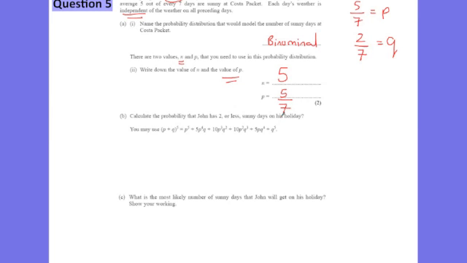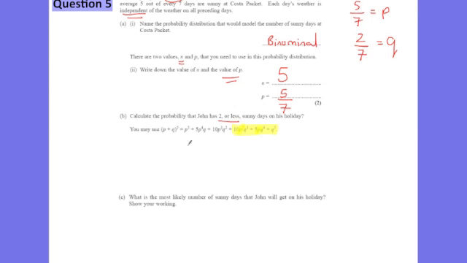We're then asked to calculate the probability that John has 2 or less sunny days on his holiday. So looking here at the binomial expansion, we're looking at 2 or less. So r equalling 2 here, 1 here, nothing here. So this is the part of the binomial expansion that we are interested in.